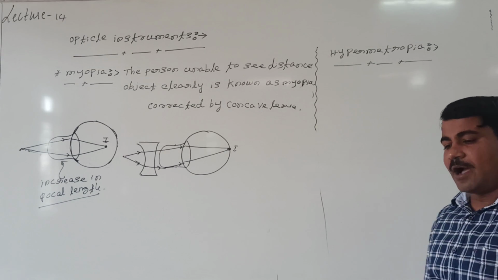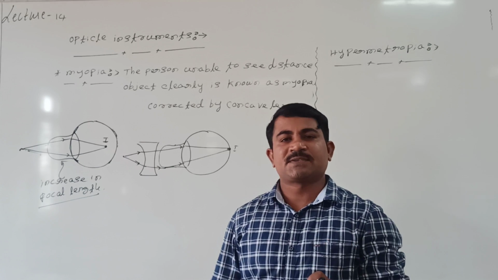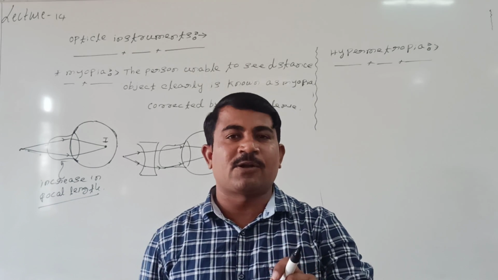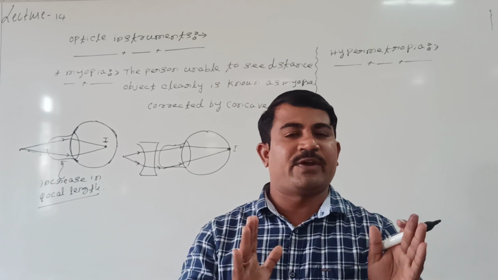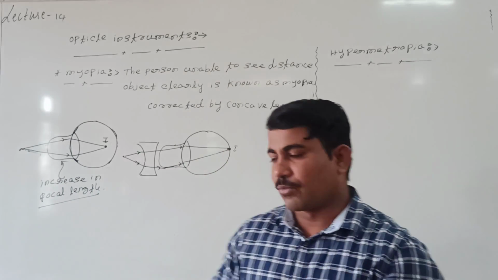Hypermetropia means the person is unable to see near objects, but he can see distant objects clearly. That vision defect we are calling hypermetropia. How to define?